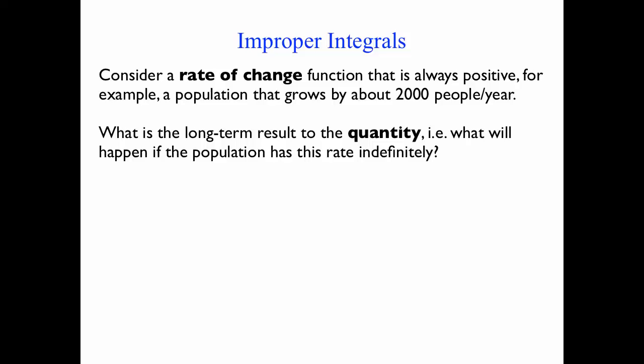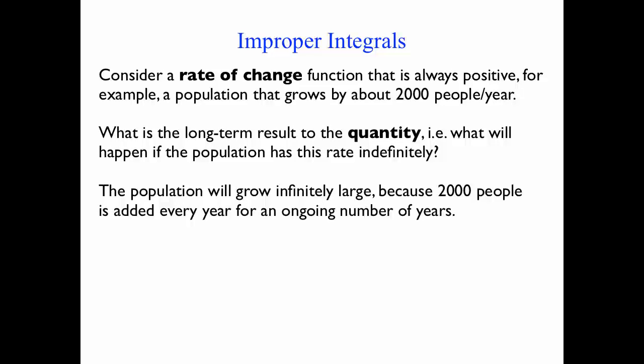In the long run, what will happen to the population? It'll get big. That was well said. The population will grow infinitely large because 2,000 people are added every year for an ongoing number of years. Should make sense.